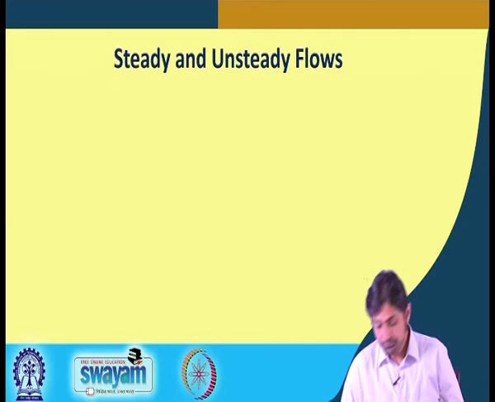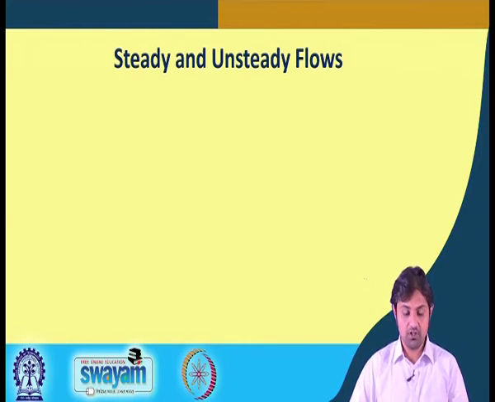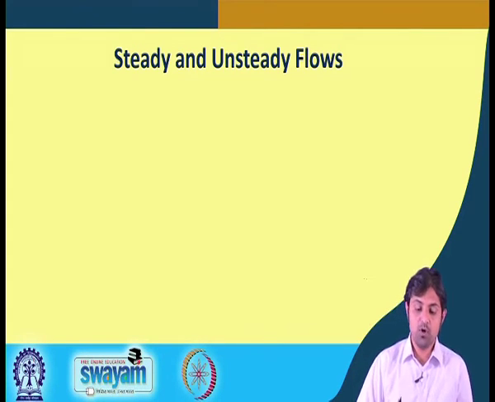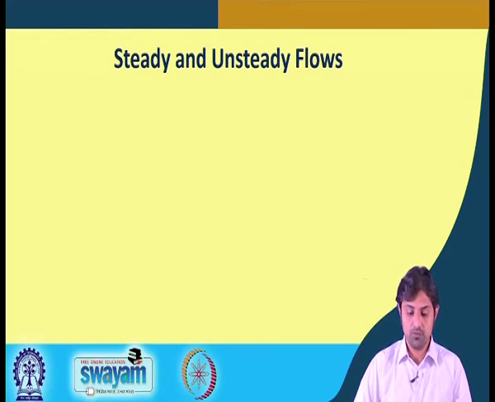All right. So, we have talked about some velocity descriptions, Eulerian and Lagrangian, and then we talked about three-dimensional, two-dimensional and one-dimensional flow. Now, it is time to talk about steady and unsteady flow.